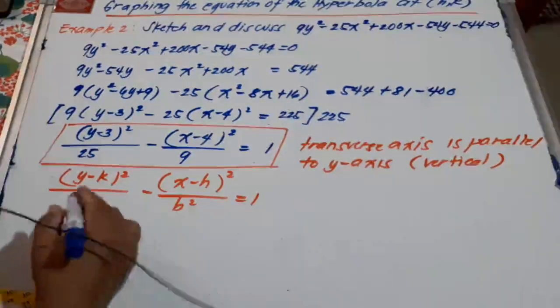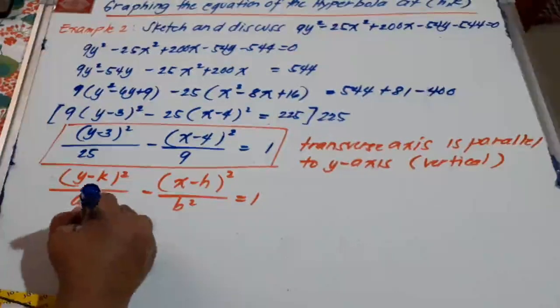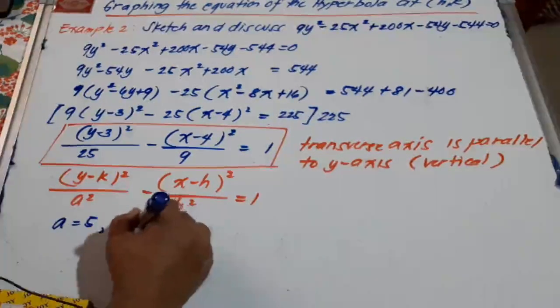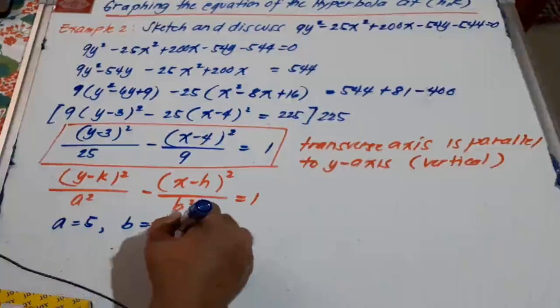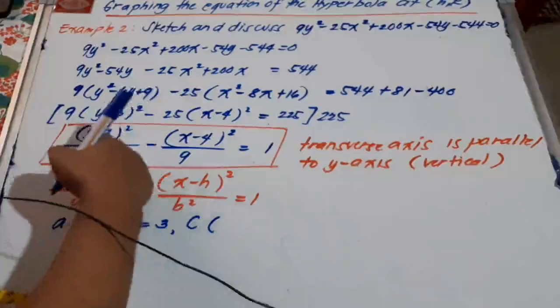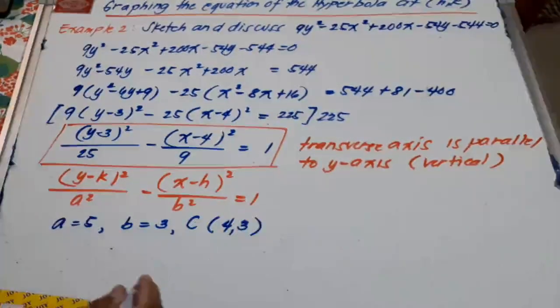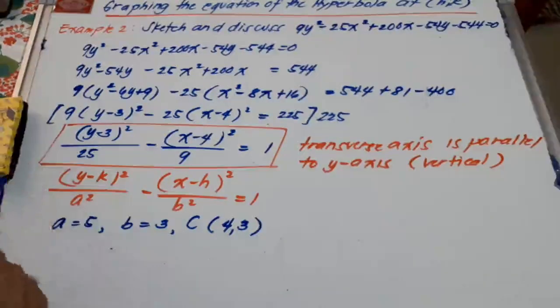Therefore, ang values natin ay a equals 5, b equals 3, and yung center natin located at (h, k) or (4, 3). Pwede natin masolve si c at saka si latus rectum.